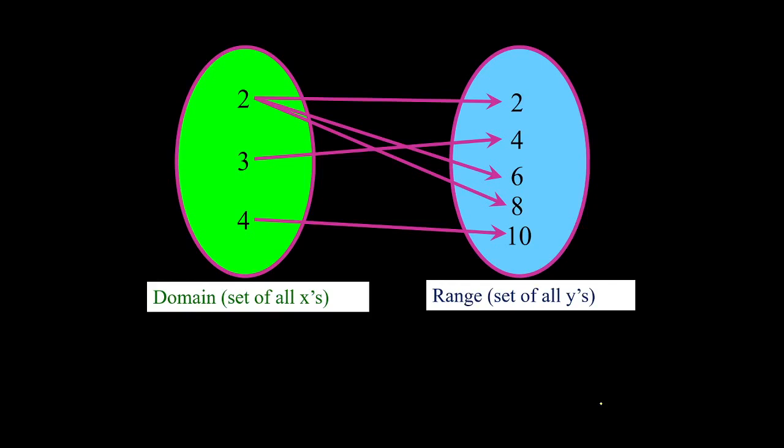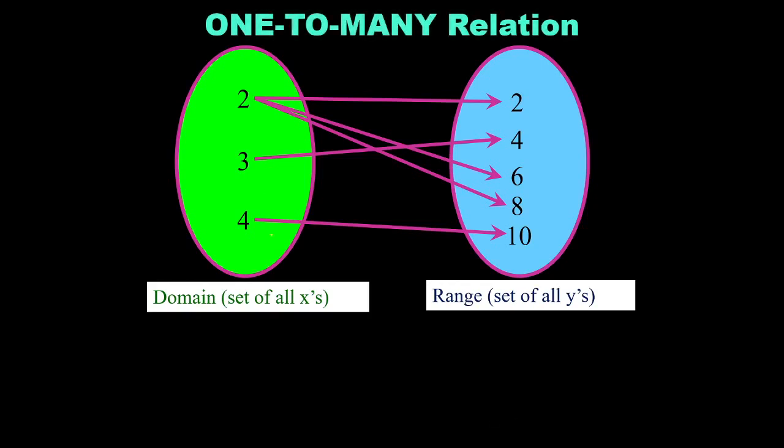Very good. This is a one-to-many relation. You have noticed here, one value of x is assigned to 1, 2, 3 values. So this is one-to-many.